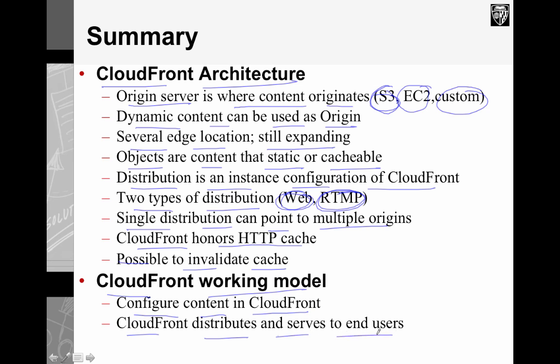In other words, CloudFront does not preemptively go and push the contents to all the edge servers. It's only when the user asks for the content the first time, the user is sent to the appropriate edge server, and the edge server then comes to the origin server to get the content. That's the only time the content gets actually pushed. It doesn't preemptively push the contents.